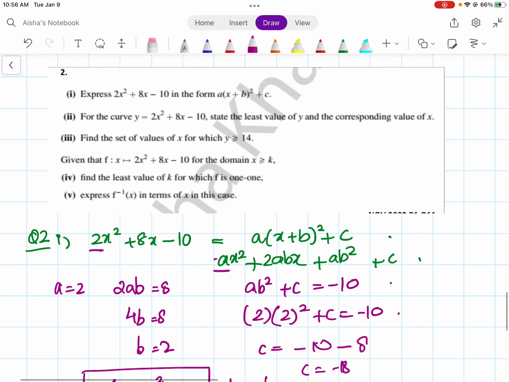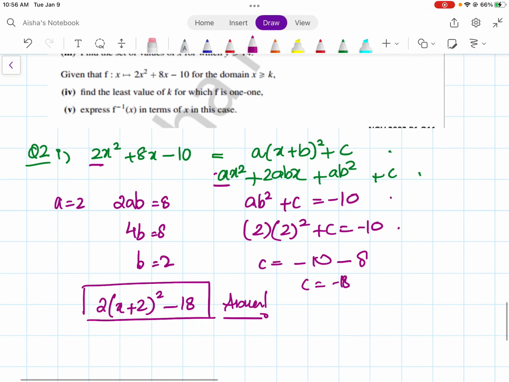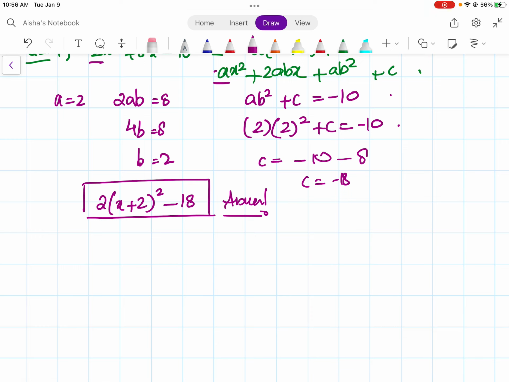For the curve, they state the least value of y and the corresponding value of x. Remember that these are the coordinates of the turning point. This is a minimum graph.